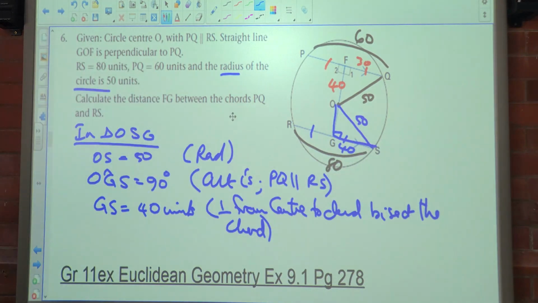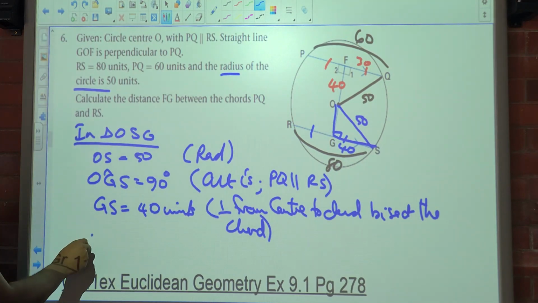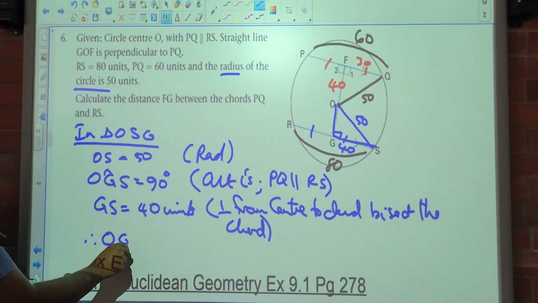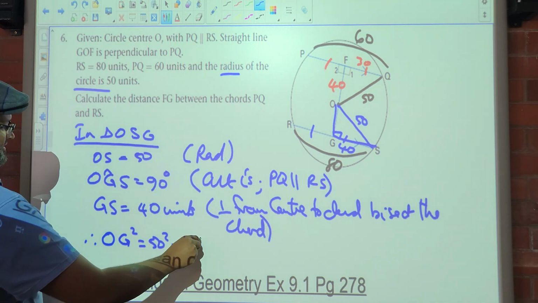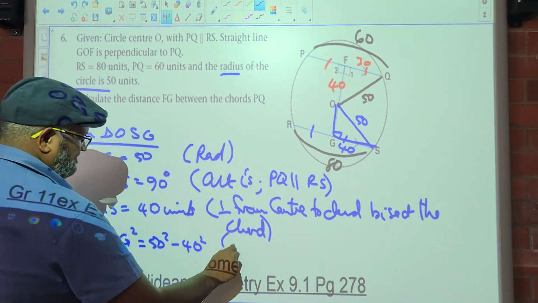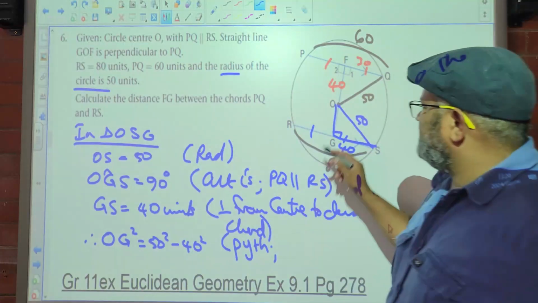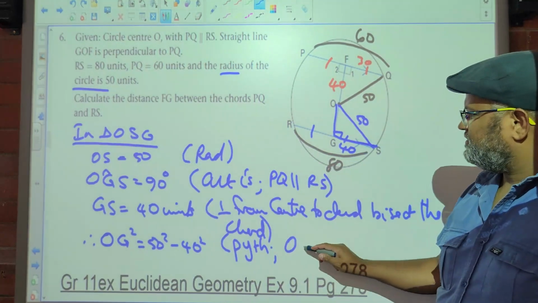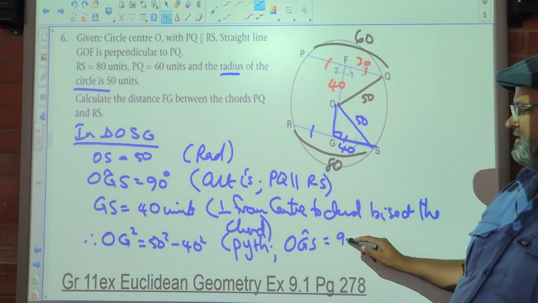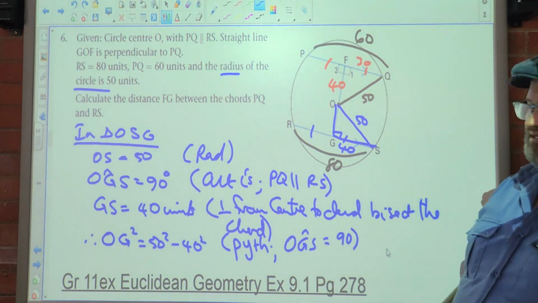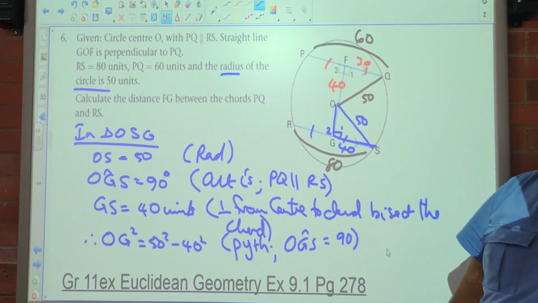Yes. So therefore, OG squared is equal to 50 squared minus 40 squared. Reason? Pythagoras with OGS equals 90 degrees. Somebody said G1, yes, that's fine, if you had written on your diagram G1 and 2.